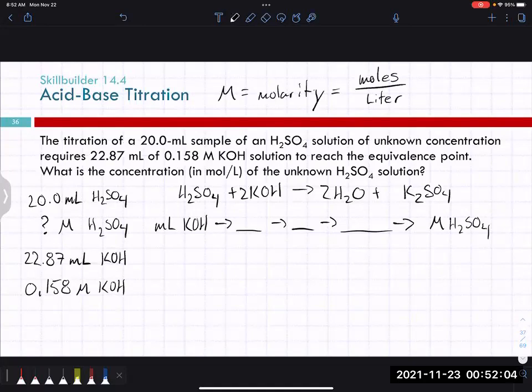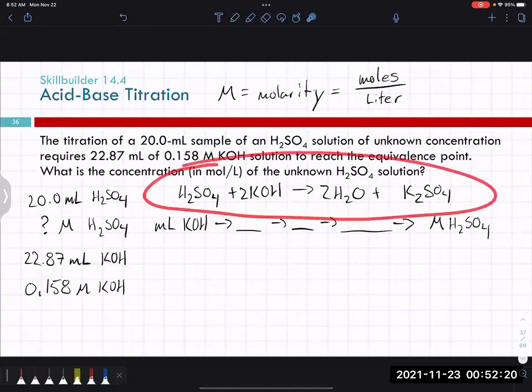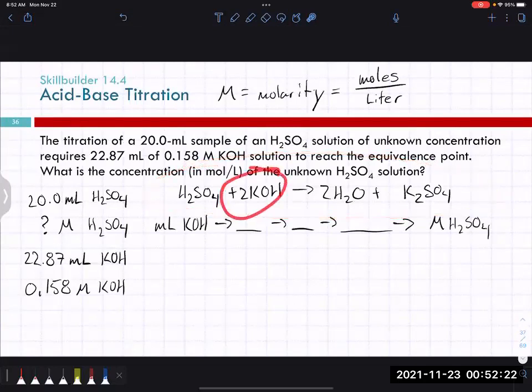So what is our first step? We're going to go from milliliters of potassium hydroxide to, we just want to match up our units here, because ultimately we are using a reaction equation to go from potassium hydroxide to the amount of sulfuric acid. So we always want to be working towards moles to get there.